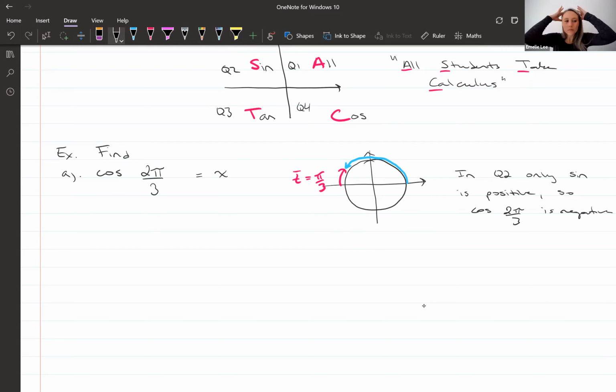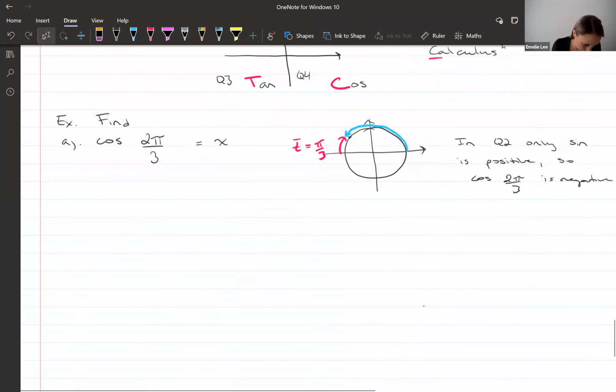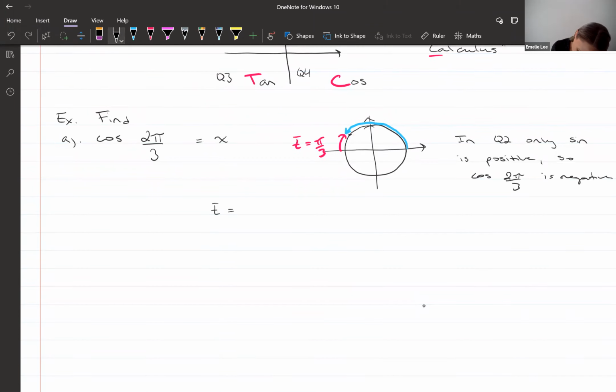Which you would find if you went through and figured out what this point is, and then translated it. So using pi over 3, you would find that t bar equals pi over 3 has a terminal point of 1/2, root 3 over 2.